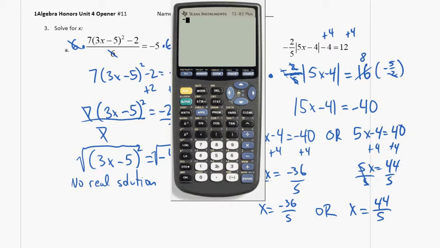Negative 2 fifths times the absolute value of 5x minus 4, minus 4. Oh, sorry, I can't put x there. I need to put negative 36 fifths there.